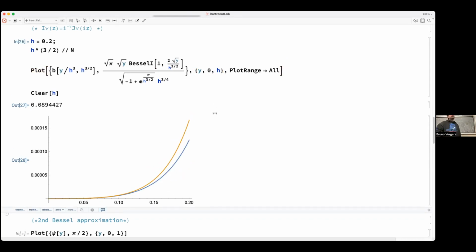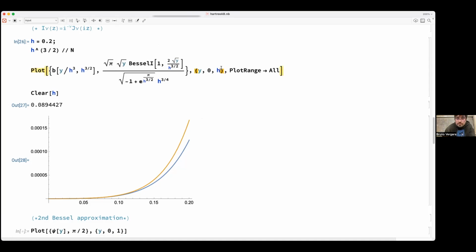So this is 0 to sigma to the 2/3. About 3 halves, sorry. I can do it in my head. Can you plot up to the power of 3 halves?